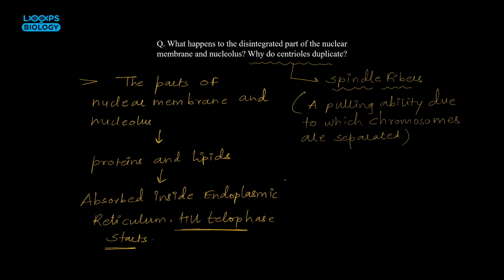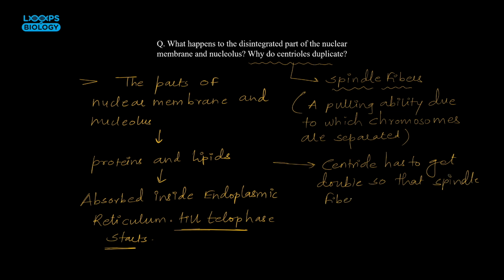So similarly, the centriole has to double so that spindle fiber should be able to attach on both the sides of the chromosome.